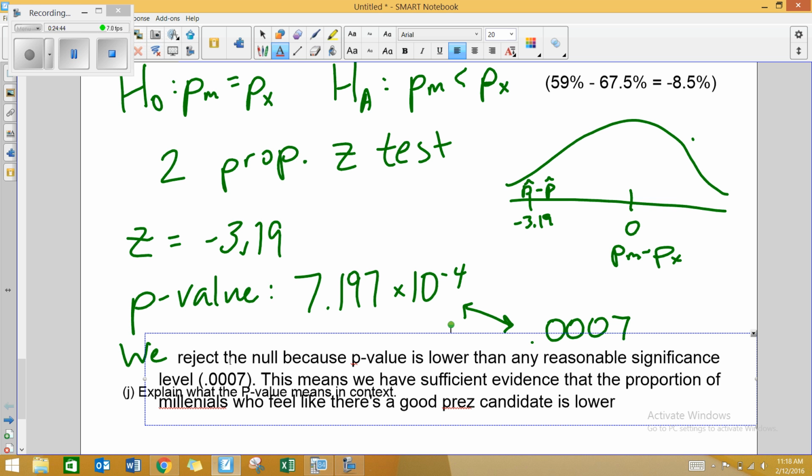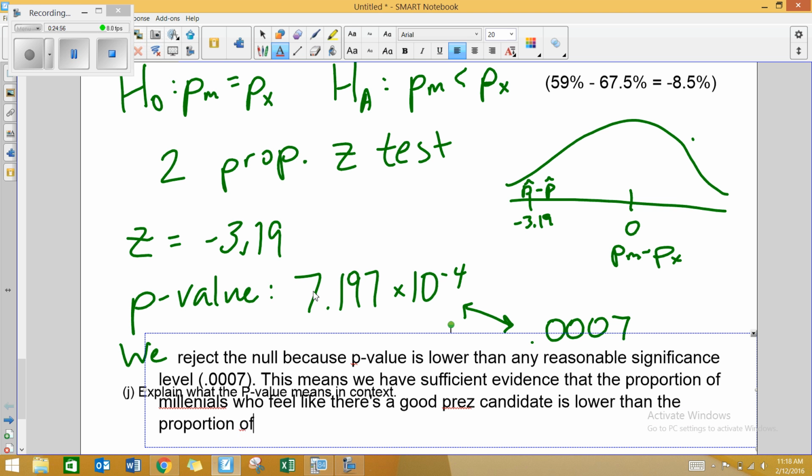I said group 1 I thought was lower than group 2. So the proportion of millennials who feel like there's a good candidate is lower than the proportion of Gen Xers who feel that way. Okay.